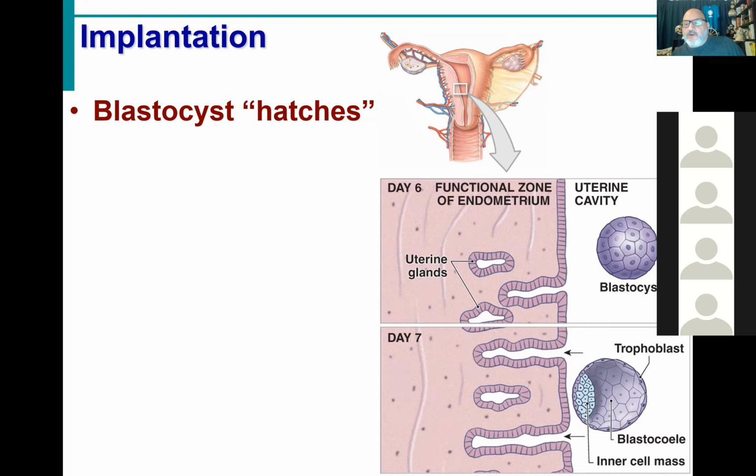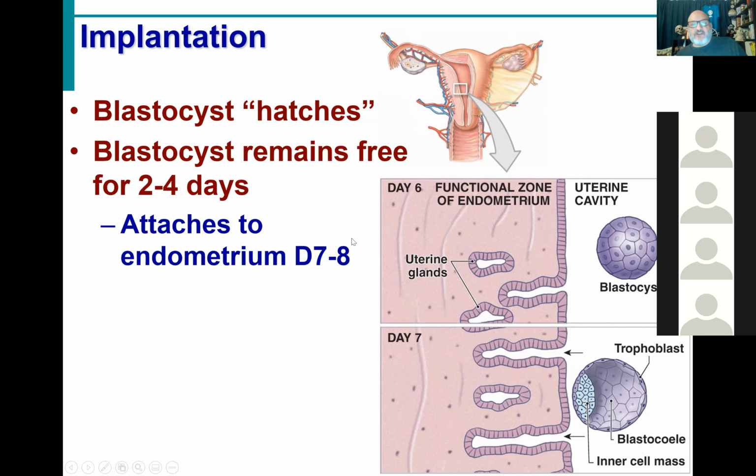Now, at this point, it doesn't instantaneously implant into the uterine wall. Remember, the uterus is filled with that uterine milk that we talked about, those massive glandular secretions, and it can be maintained in there for another 2 to even 4 days.